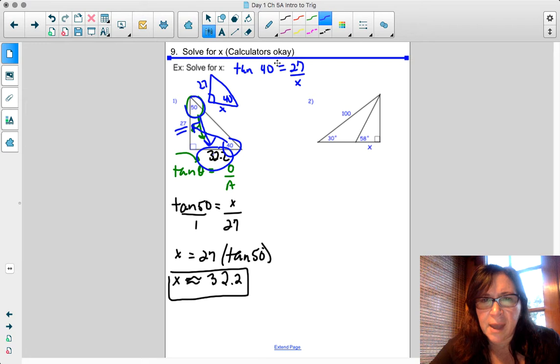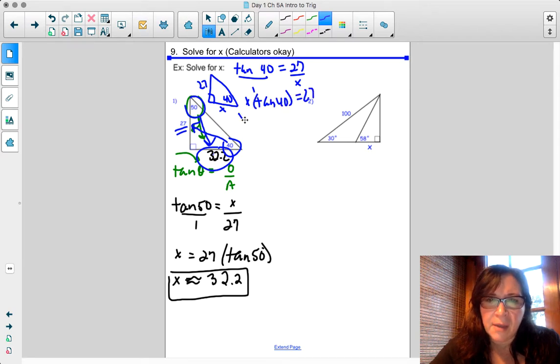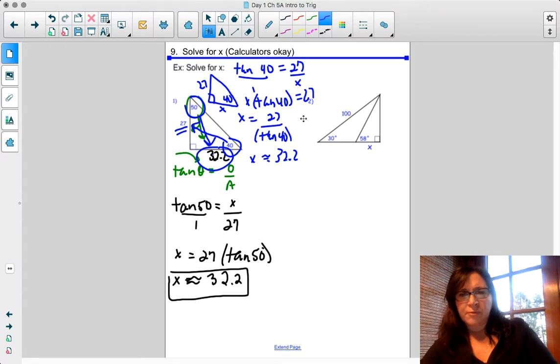And in doing that, I just create an additional step, meaning x times tangent of 40, this is in parentheses, is equal to 27. And then x equals 27 divided by whatever tangent of 40 is. You could have done that. You would get the same answer, which is 32.2, but it's just another option for you.